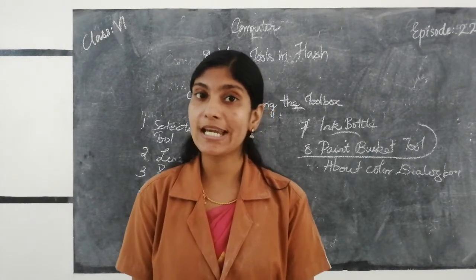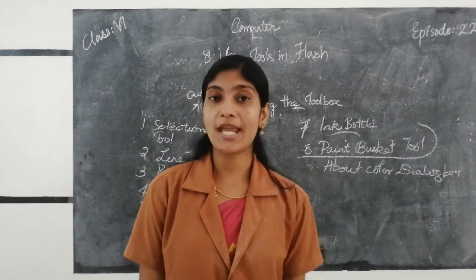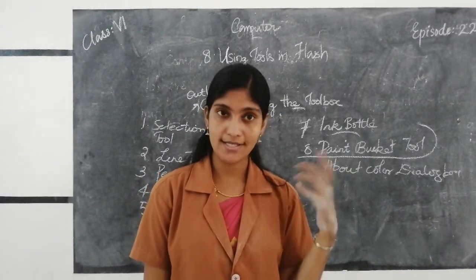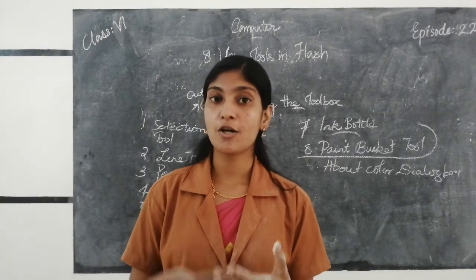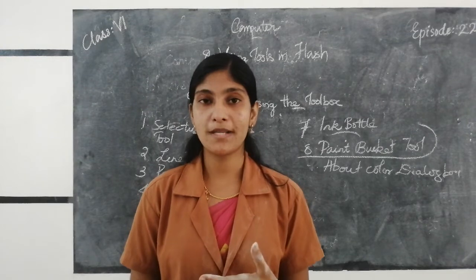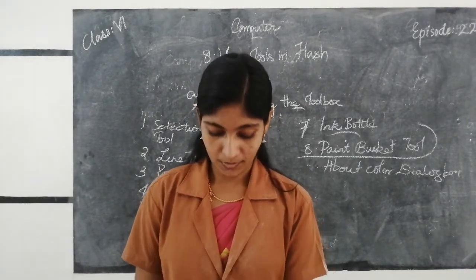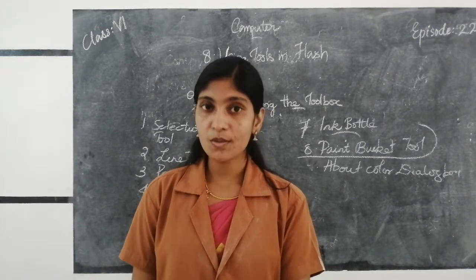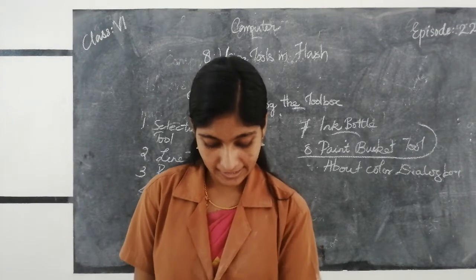You can use gradient colors. Gradient color means you can apply different shades of colors like orange and red, green and yellow. So different shades of color or multiple colors we can also apply to the objects. That is the color fill dialog box. And you can also change the transparency property of the color.